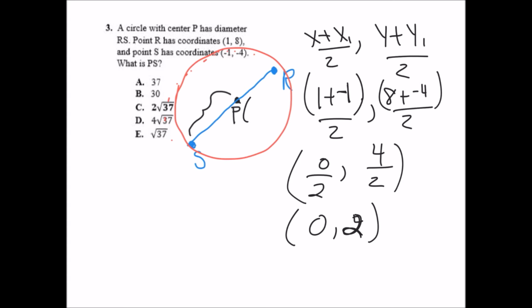Now that we know that the value of this is 0, comma 2, we need to find the distance between 0, comma 2 and negative 1, comma negative 4.